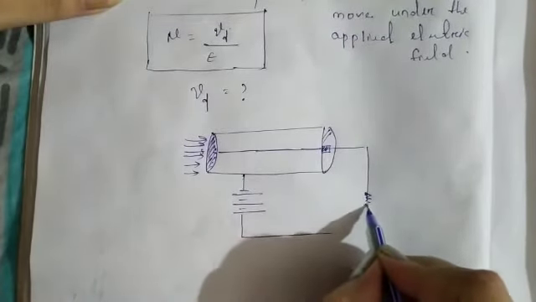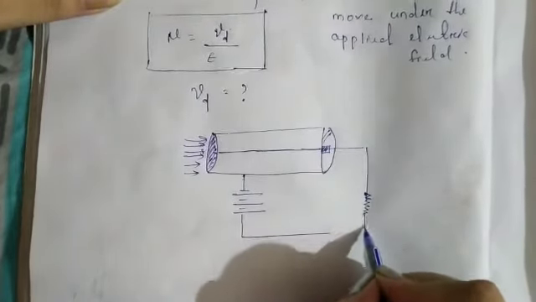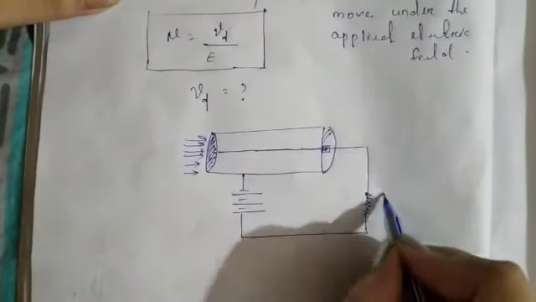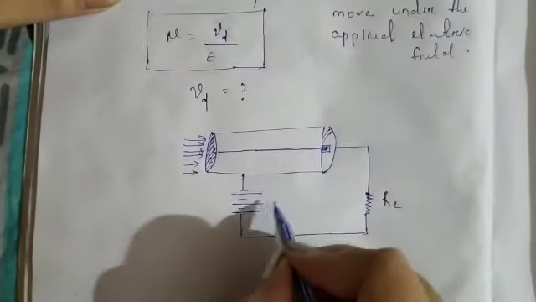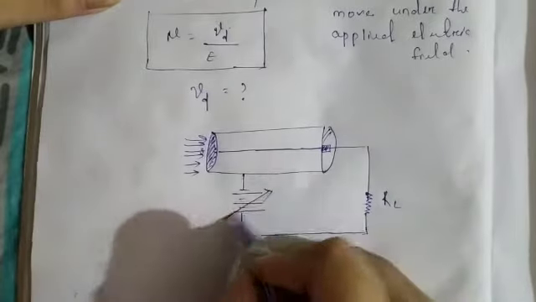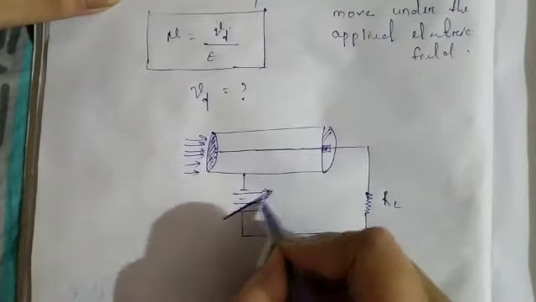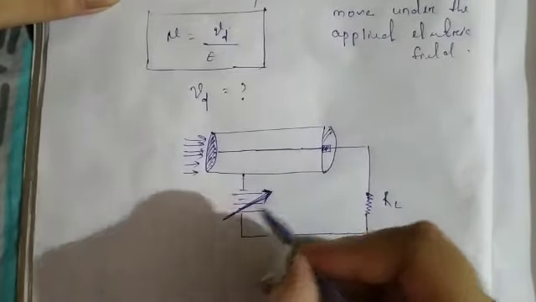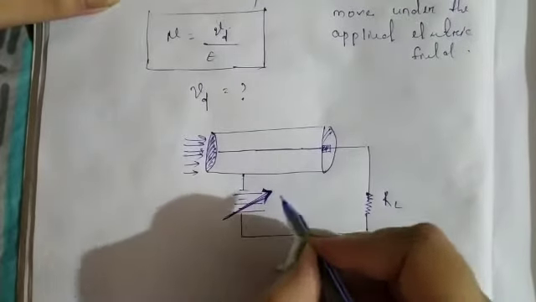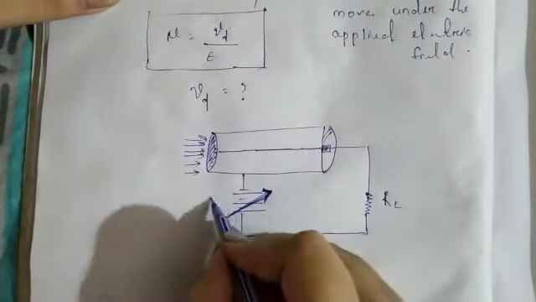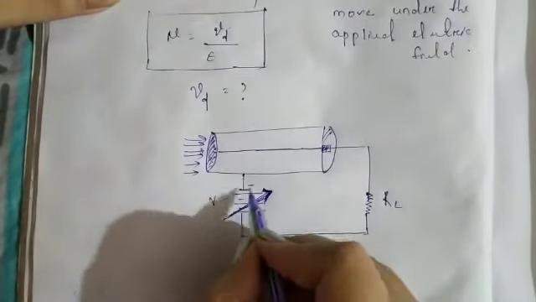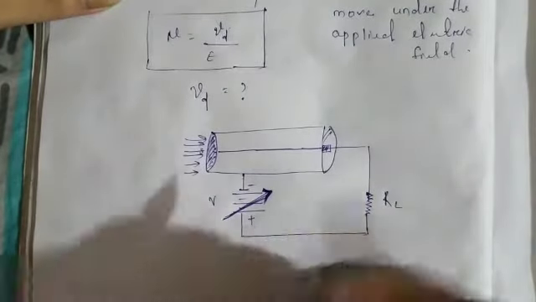There is a load resistance, and there is a variable battery. Variable means the potential can be changed. This is the negative terminal of the battery, and this is the positive terminal.